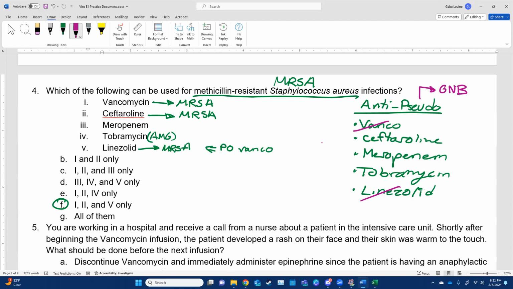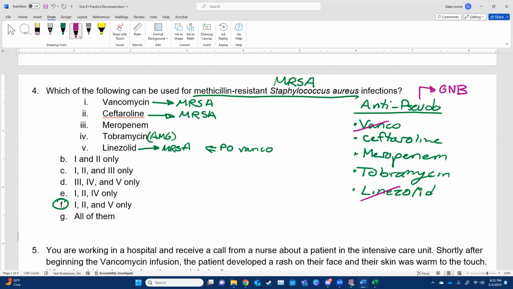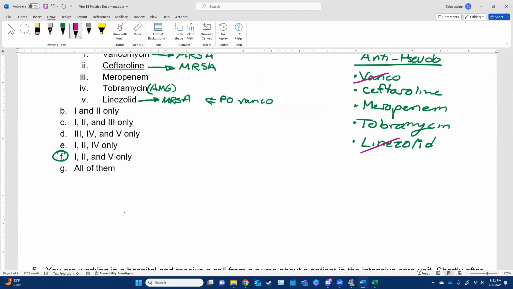So this leaves us with the question of, when we talk about our anti-pseudomonal drugs, so cast your ideas back to the chart that we just filled out. So we had the 1, 2, 3, 4, 5 cephalosporins. We had aztreonam.